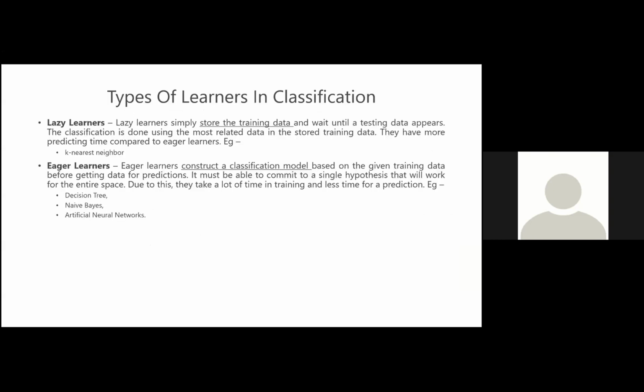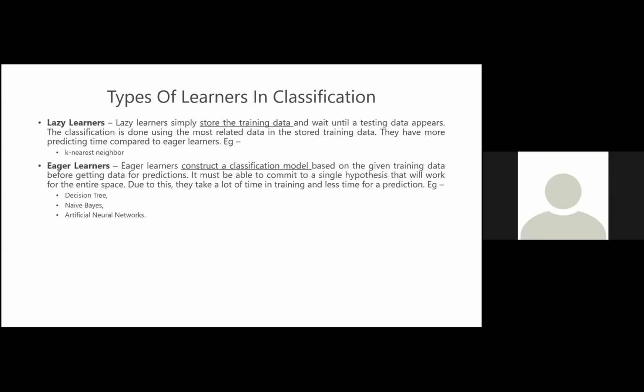Coming to the types of learners in classification, we have two types: the lazy learner and the eager learner. The lazy learner only stores the training data, and it applies that stored training data on the testing data when it comes.